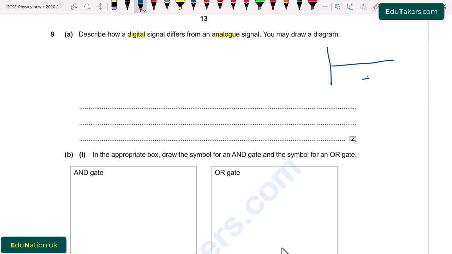On the x-axis I take time and on y-axis I take amplitude. So for digital signal, as it contains high and low voltage, its shape will be just like this.